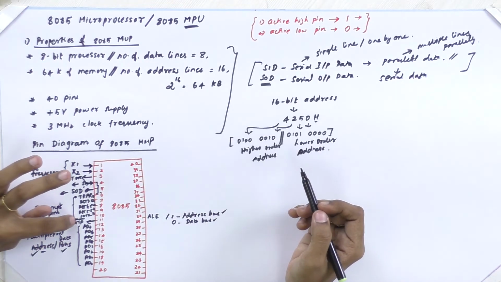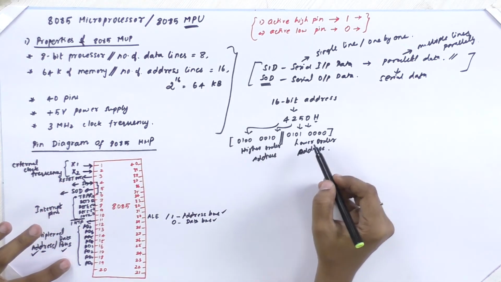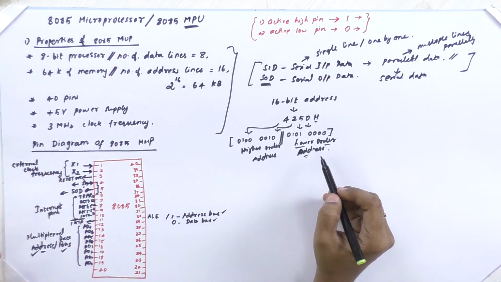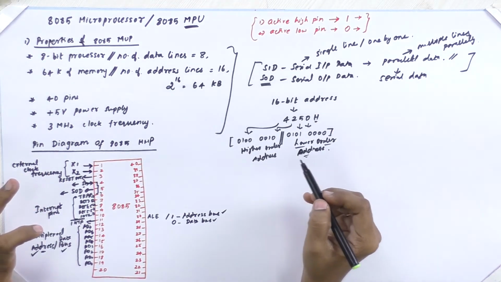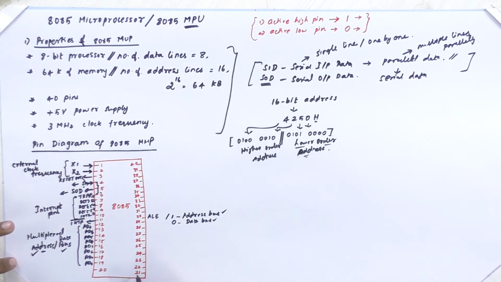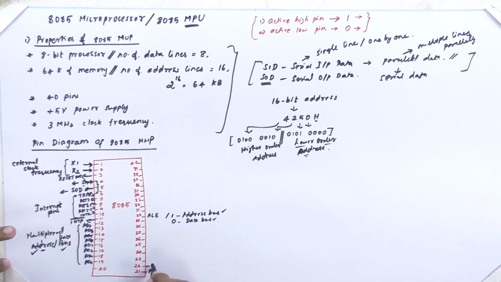In this multiplexed address and data bus, the lower order address alone will be carried, and the remaining higher order address values are carried by pin 21 onwards, A8, A9, A10, A11, A12, A13, A14, A15.